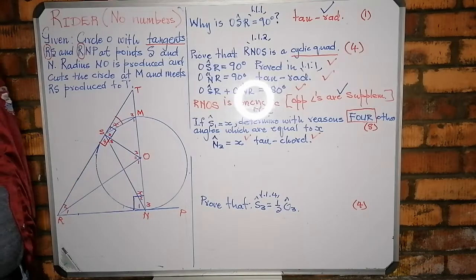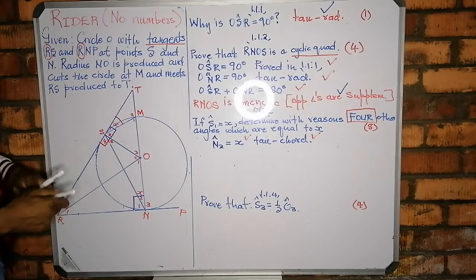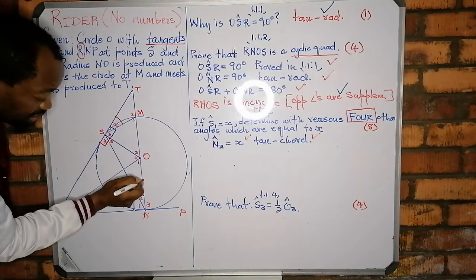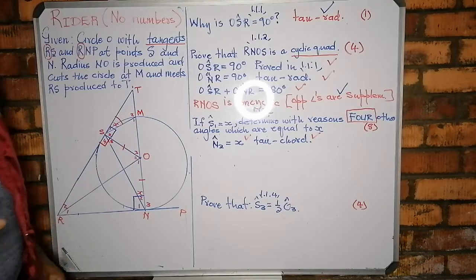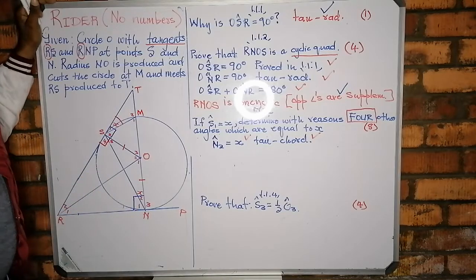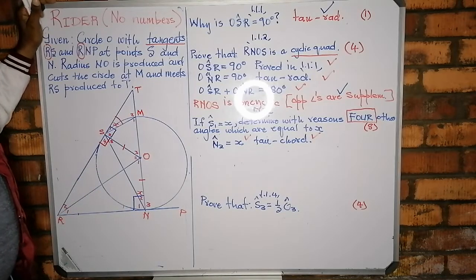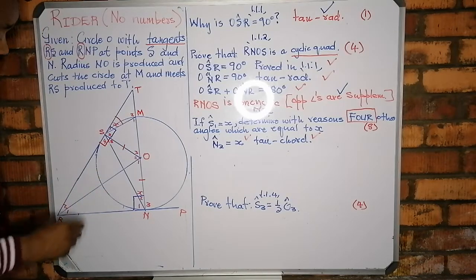It is the radius. What do we know about that? Radii from the same point are equal. For my American folks, radii. But because I'm Xhosa, I go radies. Radii from the same point.